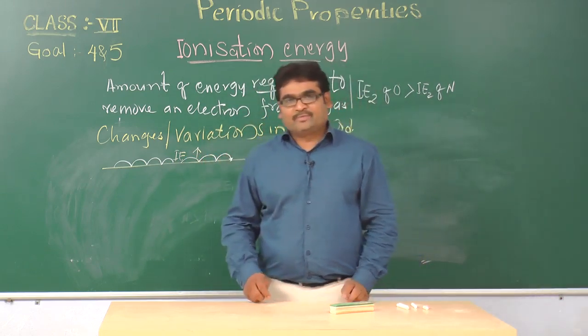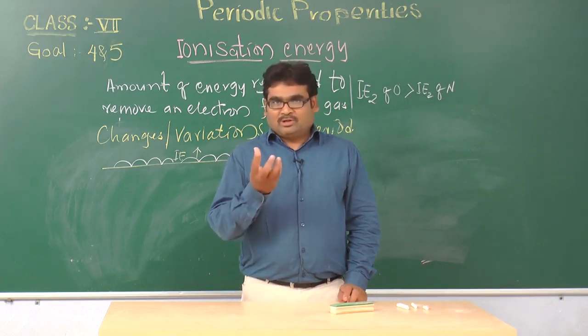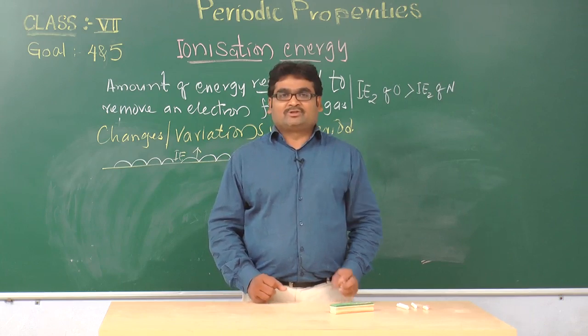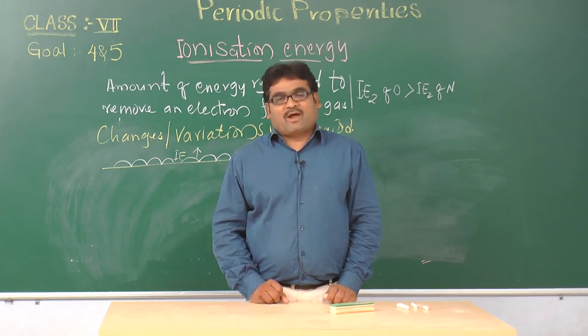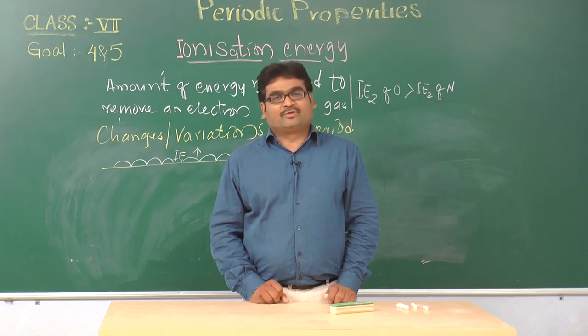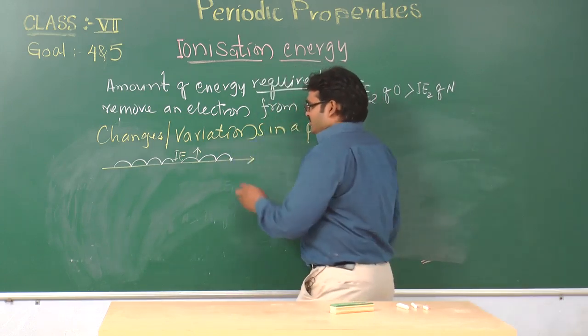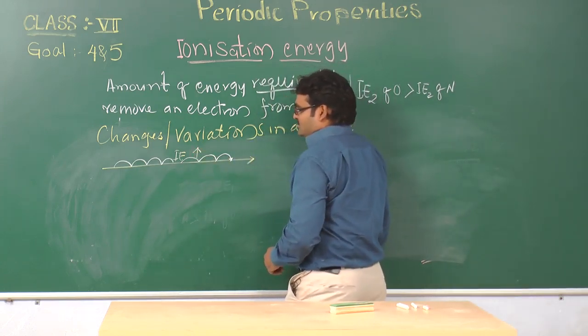So the extra nuclear charge will pull the electron more towards it, and there is a strong attraction between the nuclear charge and the valence electron. Therefore you require more energy to remove the electron. So therefore we put here the ionization energy increases.